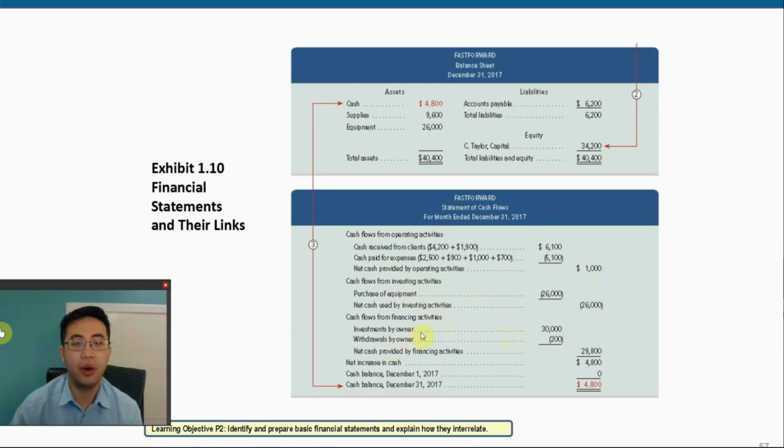For example, the owner contributes $30,000 to the business, and also the owner withdraws $200 from the business, and altogether these financing activities would leave 29,800 cash to the company. If you combine all these three types of activities, operating, investing, and financing, then your overall cash is 4,800, which is a total of these three numbers.